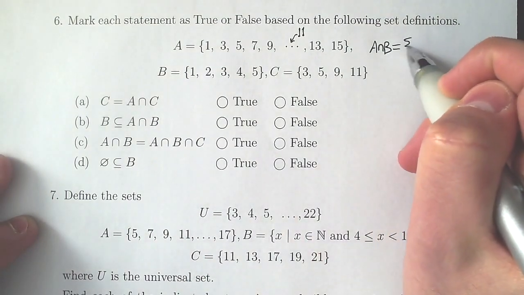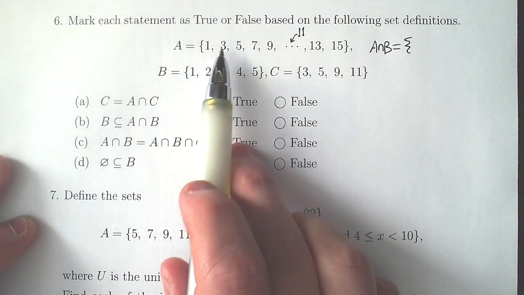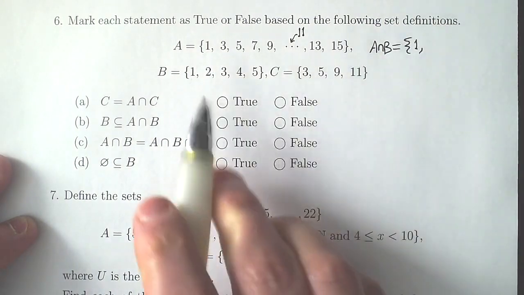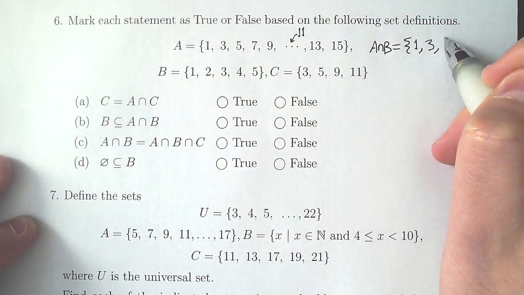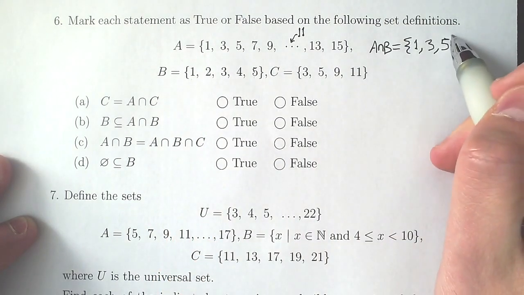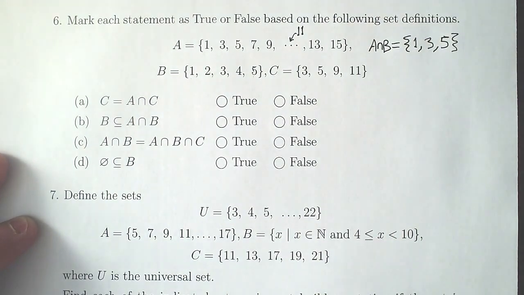So I did that as a little side problem, taking everything that's in A and B. The number 1 is in A and B. The number 3 is in A and B. The number 5 is in A and B. So I'll just have that off to the side if I need it.